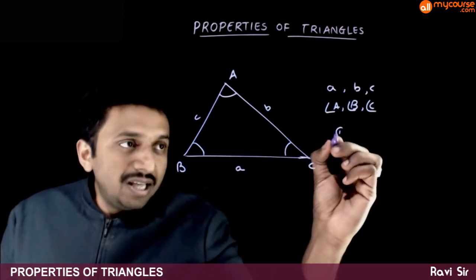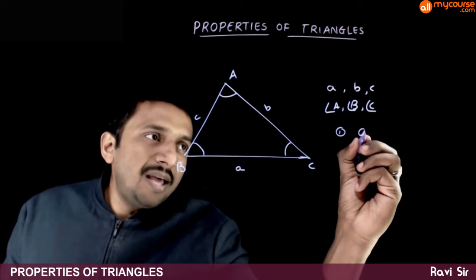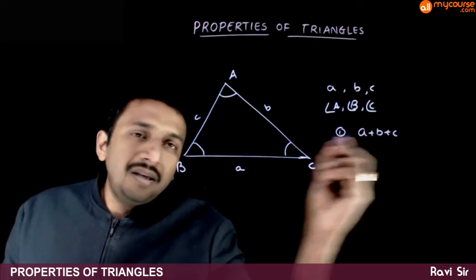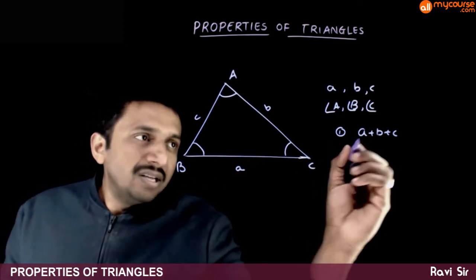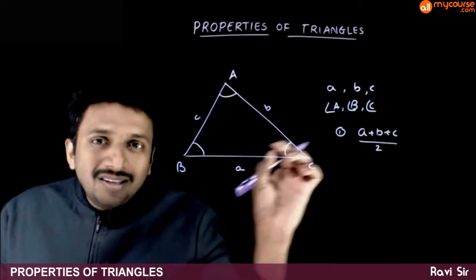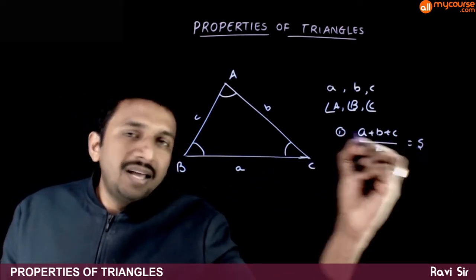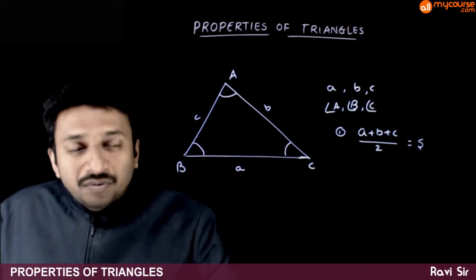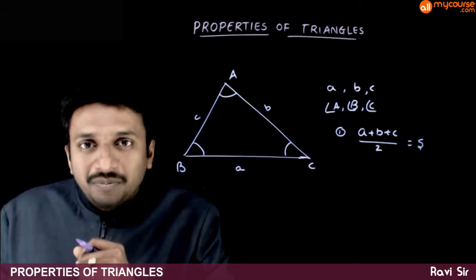The first notation is the notation of semi-perimeter. a plus b plus c, obviously if you add the sides, represents the perimeter. So (a plus b plus c) by 2 is called the semi-perimeter, that is half of the perimeter, and this is denoted by the letter S. So whenever you see S, you need to understand (a plus b plus c) by 2.